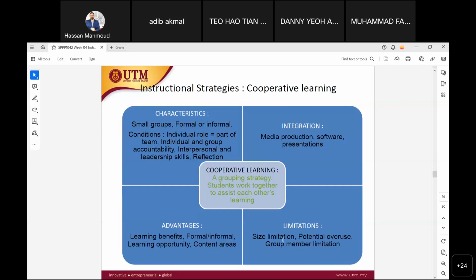What tools you can integrate, media production, software, presentations, and for the advantages, it could be very beneficial for both of you, the teacher and the students, because sometimes I know that you are the teacher and you have the knowledge about the topic that you are teaching, but sometimes your students could enlighten you with new knowledge, because as I mentioned, we are not in the old era anymore.